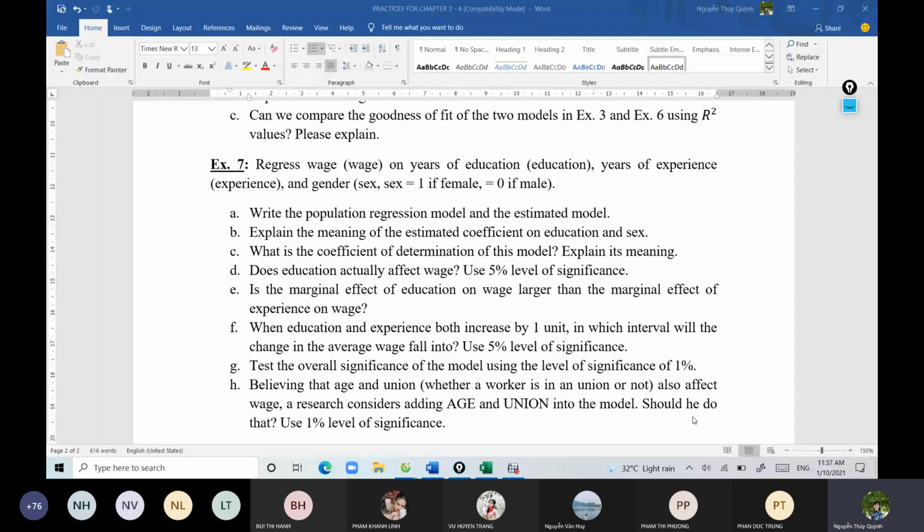When education and experience both increase by 1 unit, look at the population regression model. What will be the change in the wage?